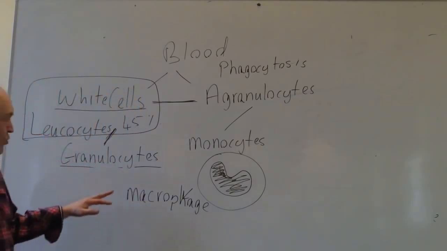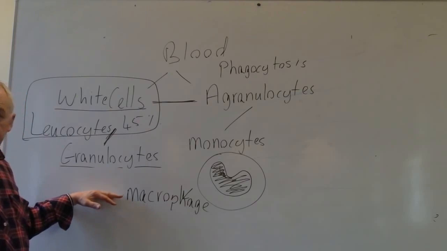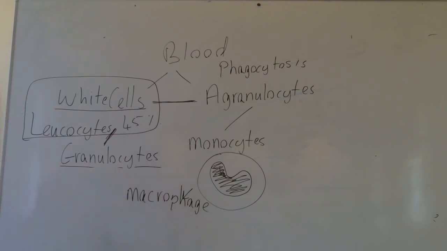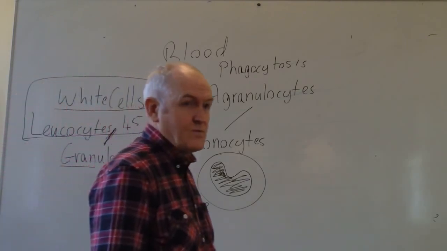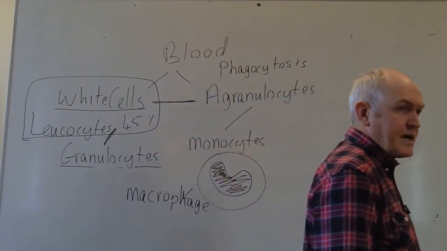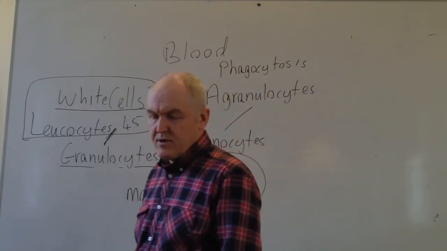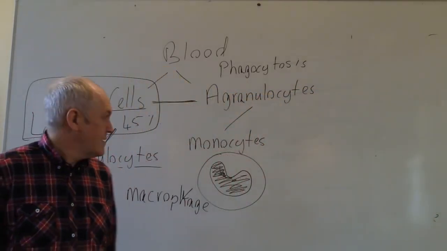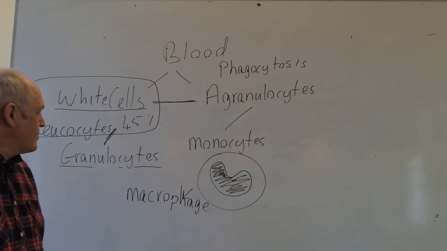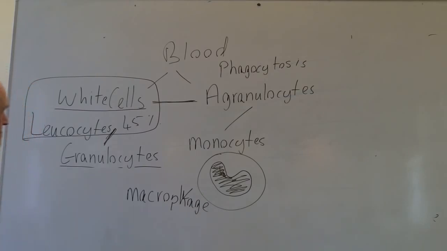And again, in older wounds, after about 48 hours, you start getting a lot of macrophages in wounds. It takes them a while to get going, but once they get going, you get a lot of macrophages in established wounds. And they will eat all this stuff up.